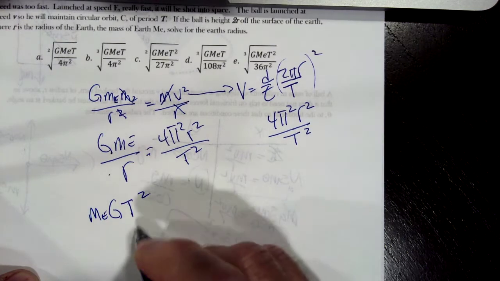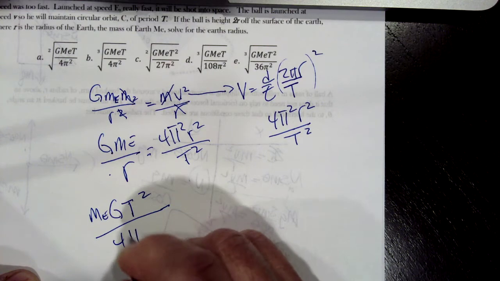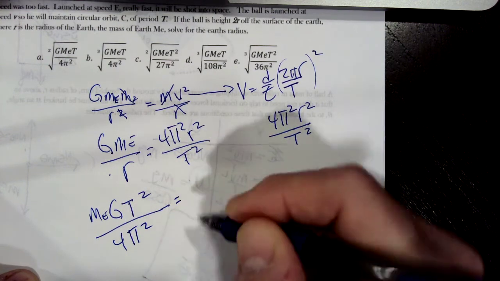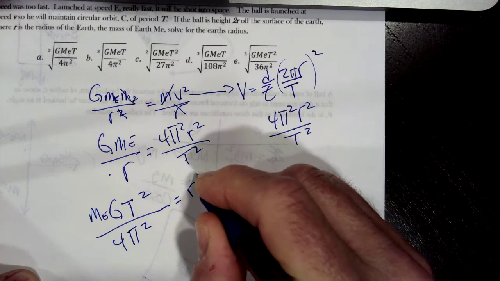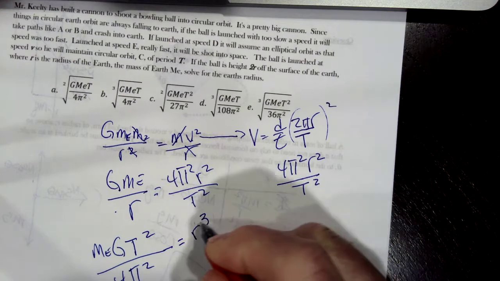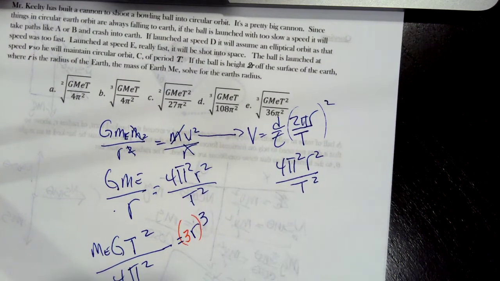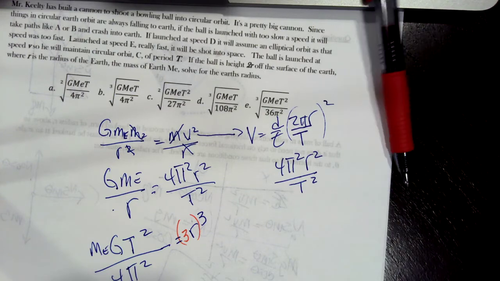That's still up there, all divided by 4 pi squared equals r cubed. Now let's plug in the fact that the actual r is 3. When you pull that out, you've got to cube it. 3 times 3 is 9, 3 times 9 is 27. Divide through by 27.